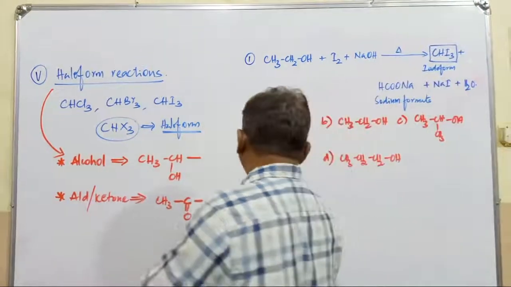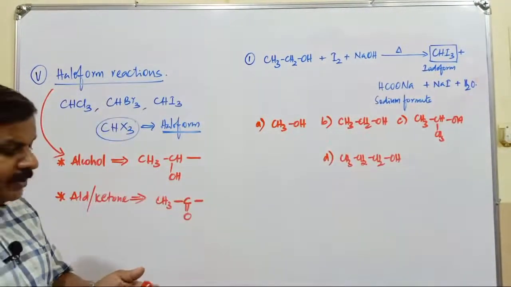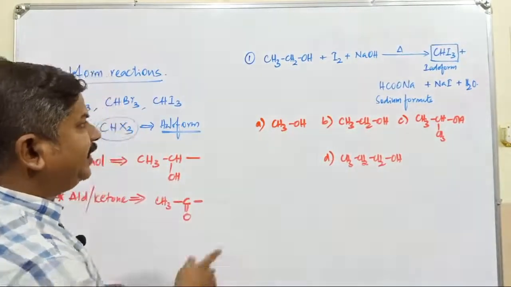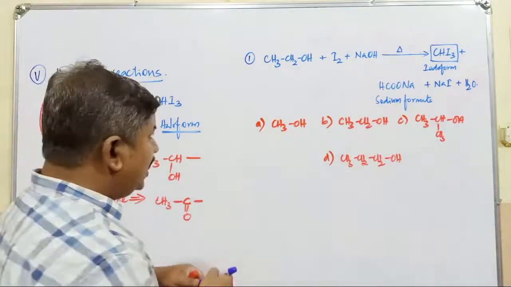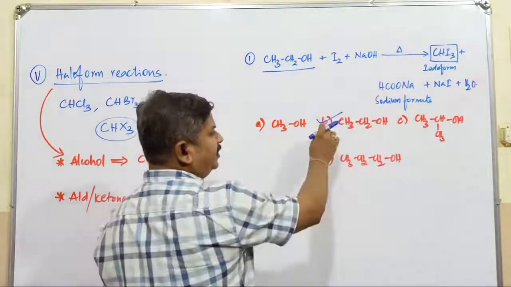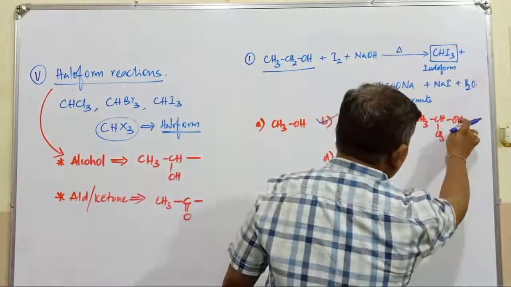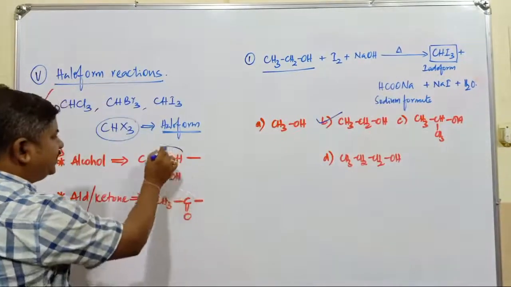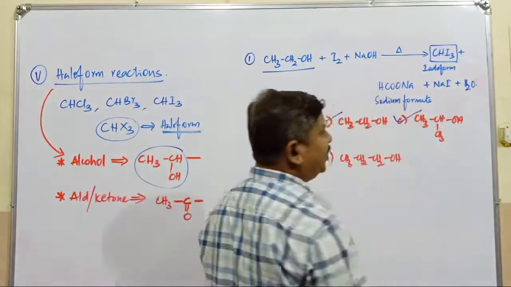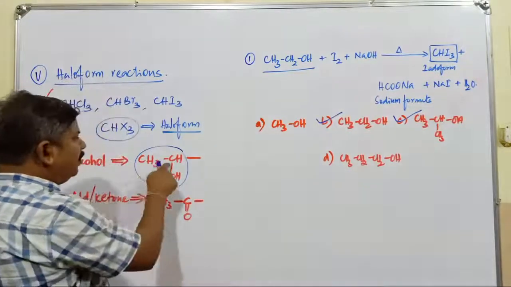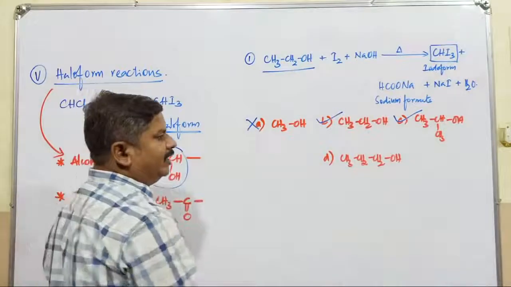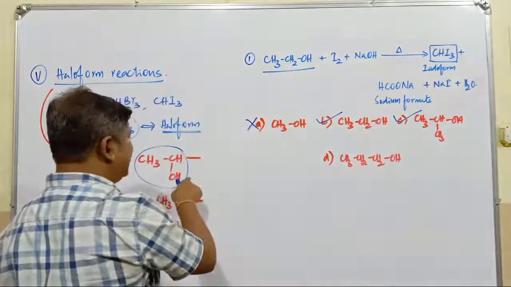Out of these four compounds, which compounds do not answer the iodoform test? Already I have taken CH3CH2OH, so this compound answers the iodoform test. So this compound CH3CHOHCH3, just observe CH3, CH and OH group is there, and this compound also answers the iodoform test. But here two carbon atoms are necessary, and this compound contains only one carbon atom. It cannot answer. And this compound also does not satisfy this condition.